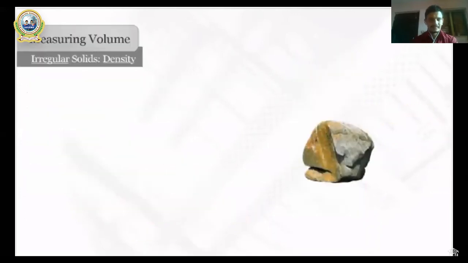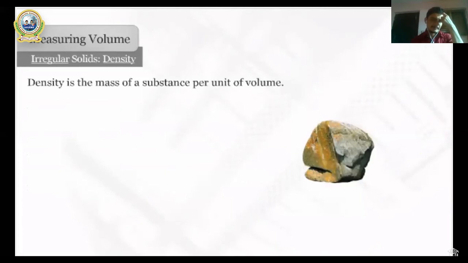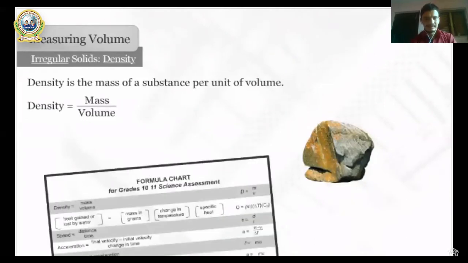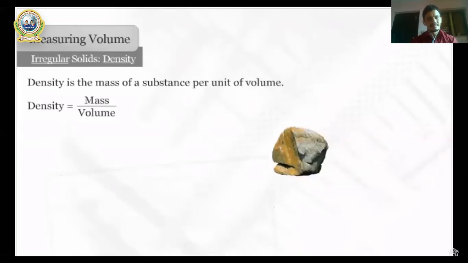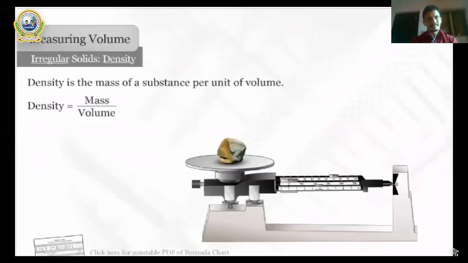Typically, the reason to measure the volume of an irregular solid is to determine the density of the solid. Density is the mass of a substance per unit of volume. The formula for density is mass divided by volume. You could also find this formula by looking at the formula chart. Using a balance to measure the mass of the rock, we determine that it is 74.88 grams.